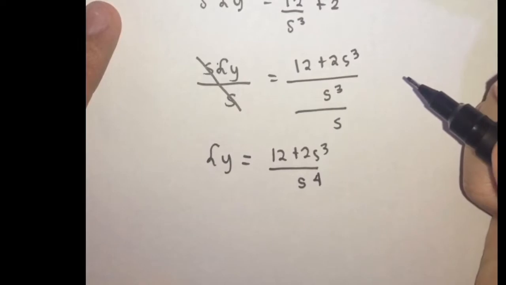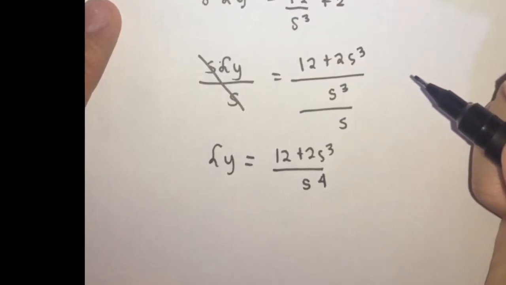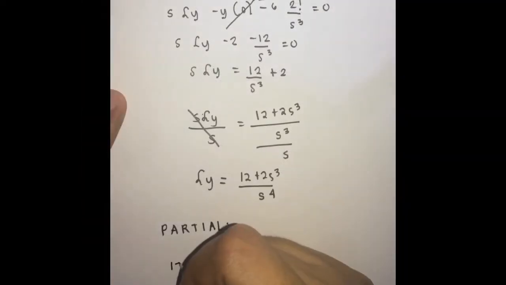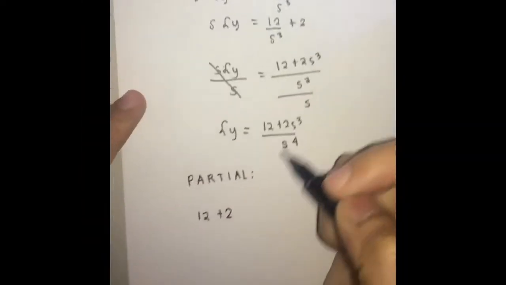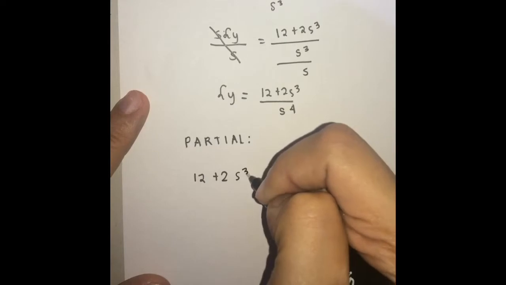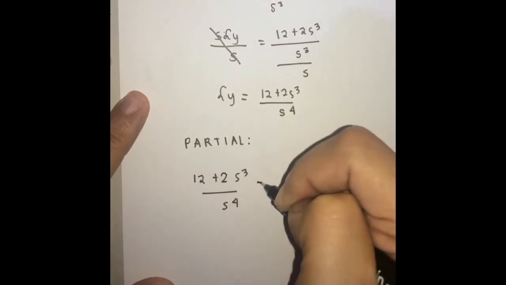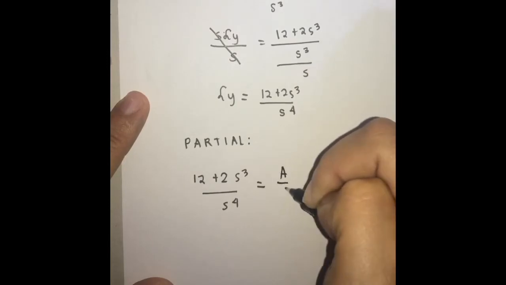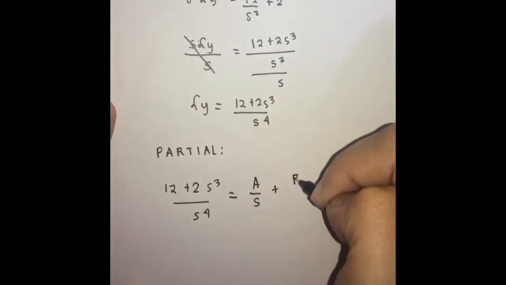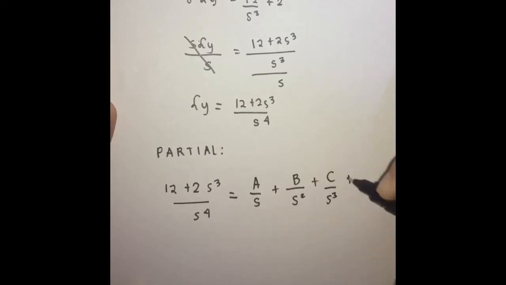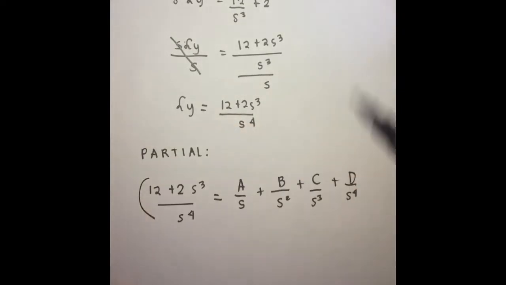With this, we will need to do partial fractions. 12 plus 2s cubed over s to the fourth equals a over s plus b over s squared plus c over s cubed plus d over s to the fourth.